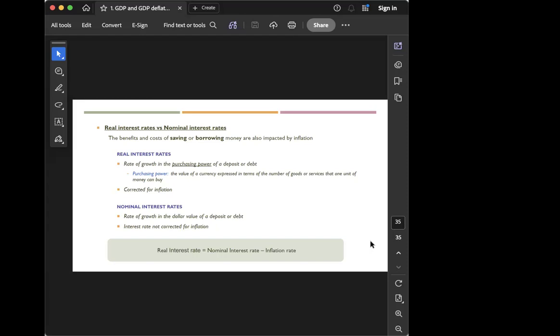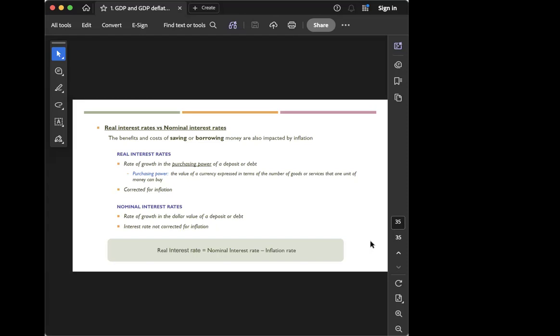Then we moved to CPI, which measures the cost of the fixed consumer basket. We also practiced calculating CPI and the inflation rate. You have to know how to do that. And we compared CPI with the GDP deflator and discussed some limitations of CPI.